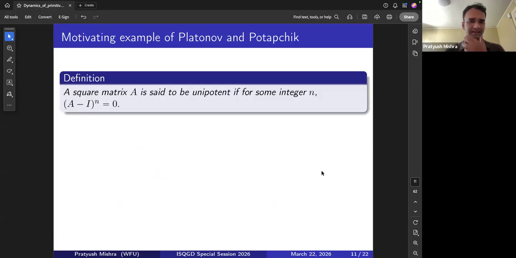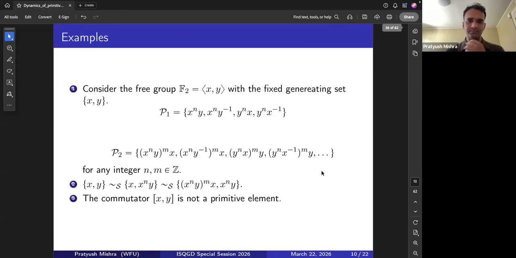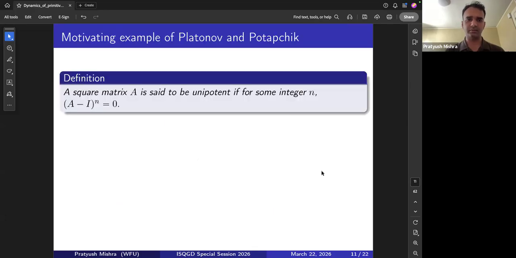So a motivating example of this business of primitive element came from this paper of Platonov and Potapchik. A square matrix A is unipotent if for some integer n, A minus I raised to power n is zero, the zero matrix.